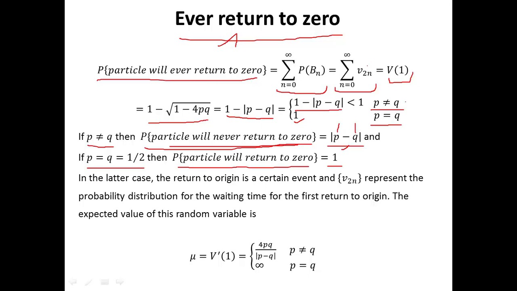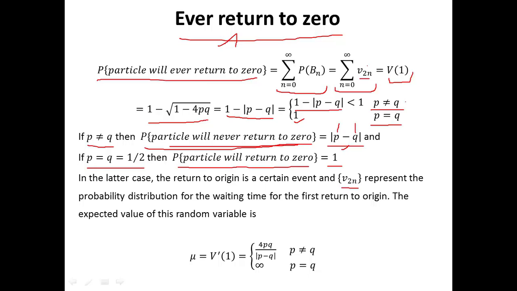In the latter case, what does v2n actually represent? Because we have calculated that the particle will return to 0 by considering v2n, we can say that v2n means the particle will return to 0 for the first time. So after the 2nth trial, the particle will first return to 0. That probability is 1.